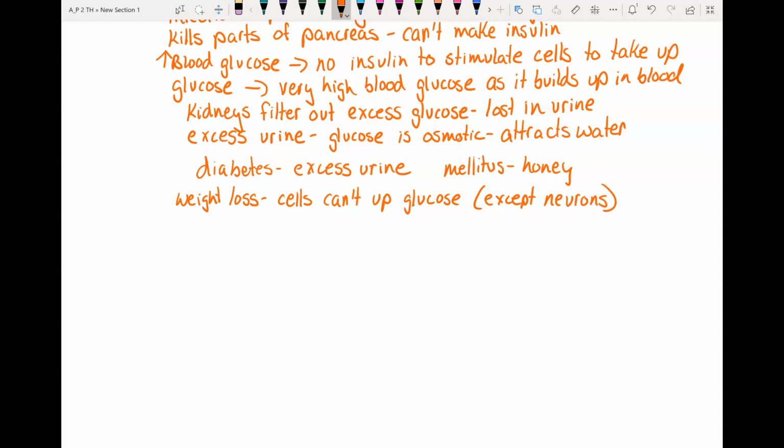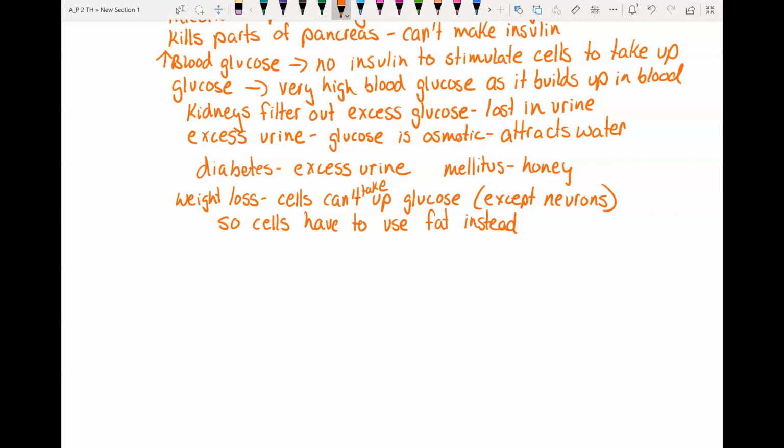So if you don't have insulin, your neurons will still get glucose, but none of your other cells can use glucose. That means they have to use fat instead, and that's why you get weight loss. Your cells are forced to use fat to make ATP instead of using glucose.